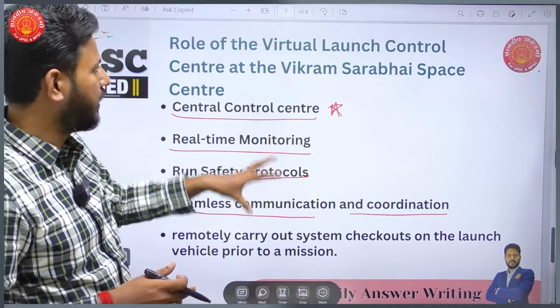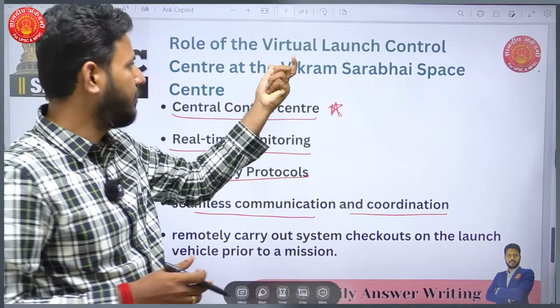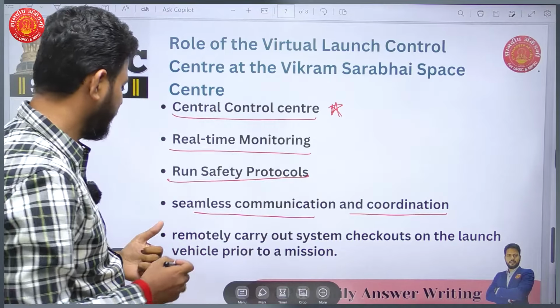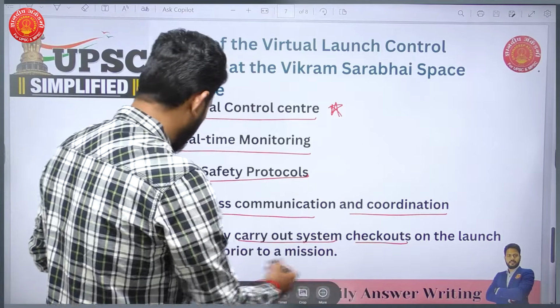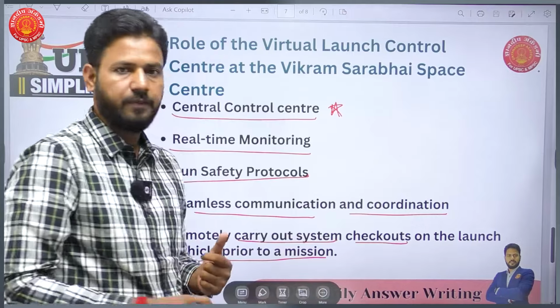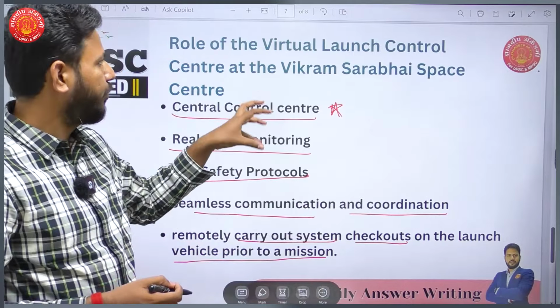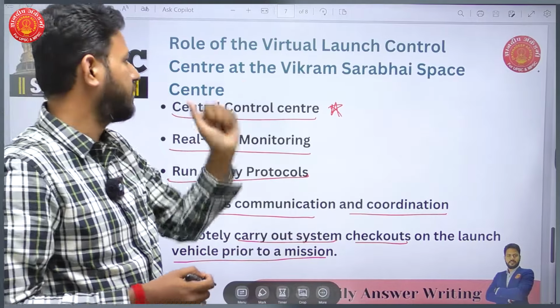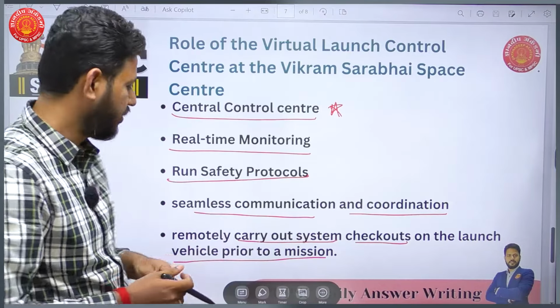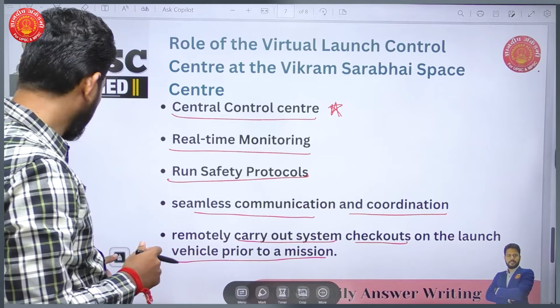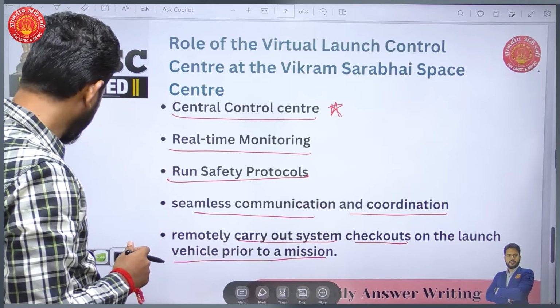That is also an important role played by the Virtual Launch Control Center. And lastly, to remotely carry out system checkouts on the launch vehicle prior to the mission. These were the important roles that this center at Vikram Sarabhai Space Center played in this mission. So this way you can address all the focuses of the question.